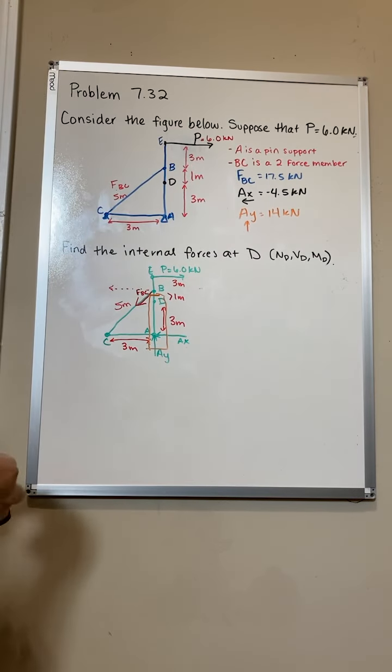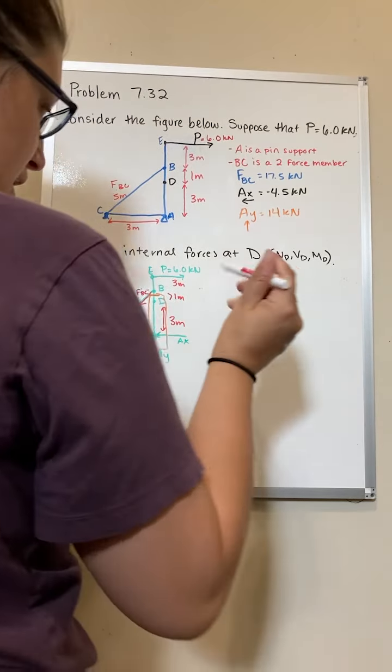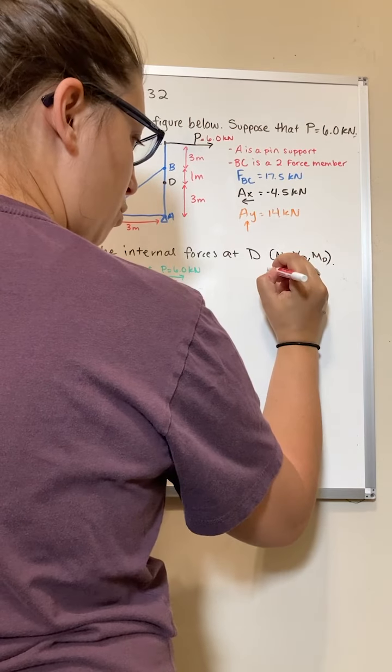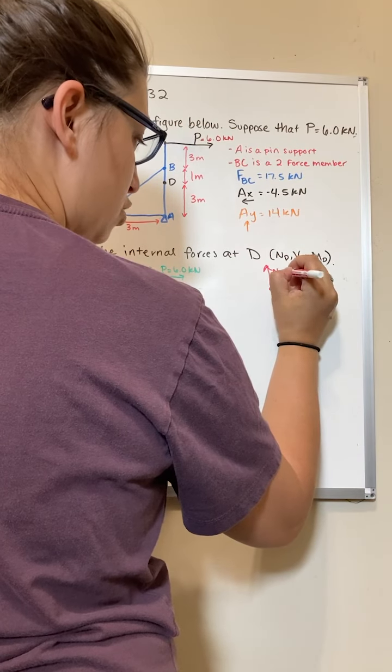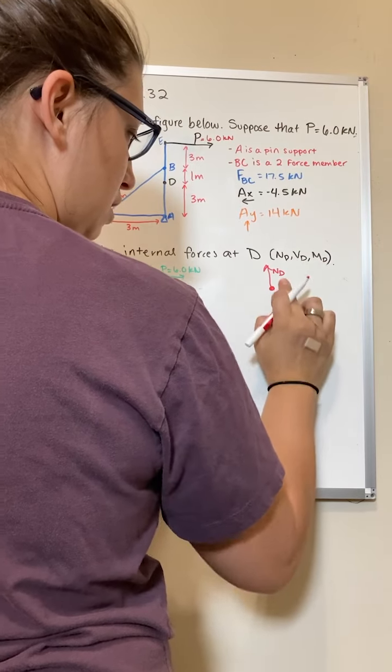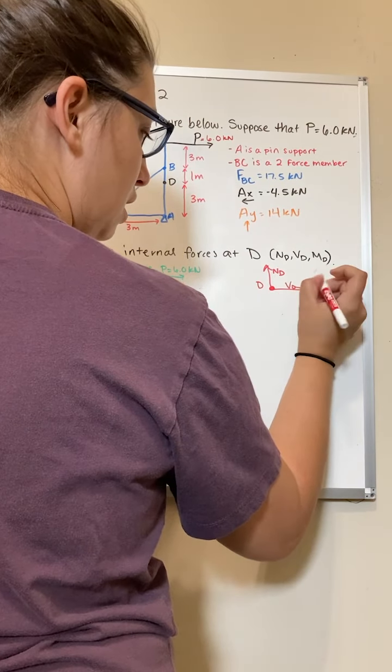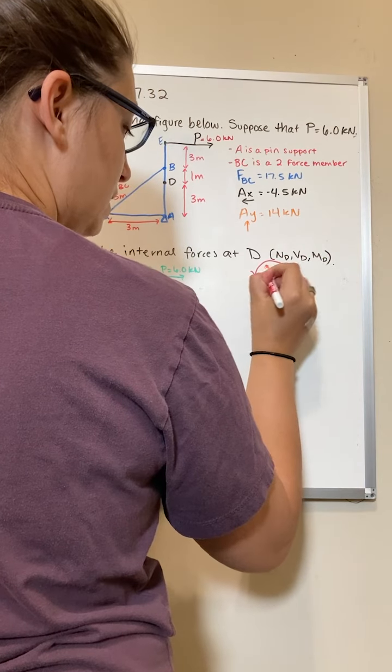All right, so our last free body diagram here, I used red this time, is just simply going to be point D with our normal force in the part. We're just going to assume positive direction. Let's move this over here. We're going to have V, and then we're going to have a counterclockwise moment.